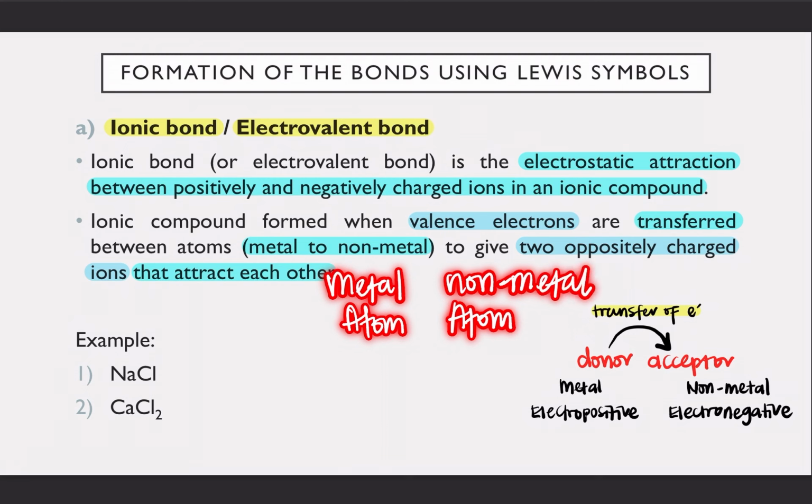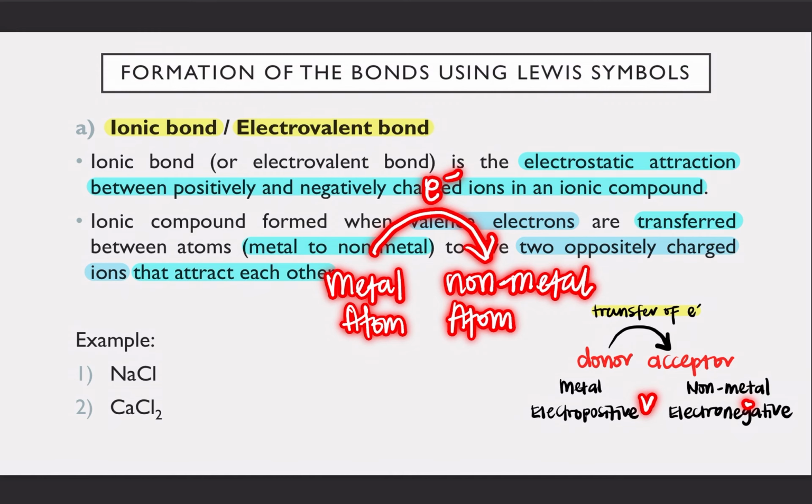Your metal is electropositive, therefore it will tend to lose electrons, while your non-metal atom is electronegative. It will tend to pull electrons, attract electrons to itself. Therefore, to form the ionic bond, your metal will donate electrons to the non-metal. So there is a transfer of electrons from the metal atom to the non-metal atom.